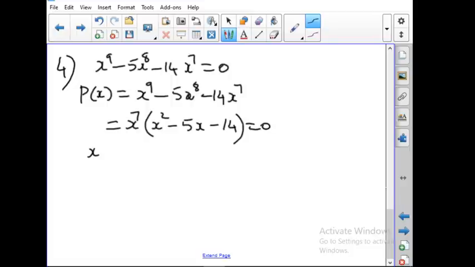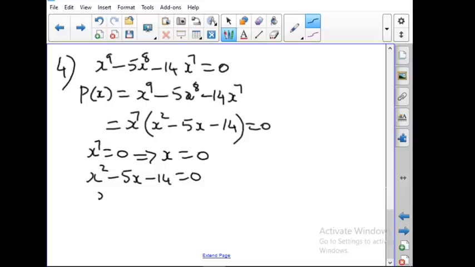So x power 7 is equal to 0 gives you x is equal to 0. And x square minus 5x minus 14 is equal to 0. Factorize this, we get x minus 7 into x plus 2 is equal to 0. So x is equal to 7 and x is equal to minus 2. Therefore, here it's asked to find the positive and negative roots.